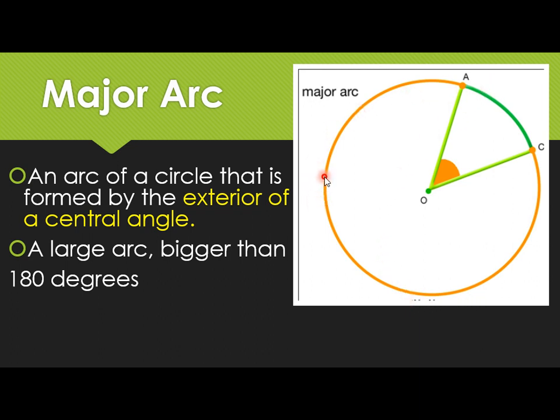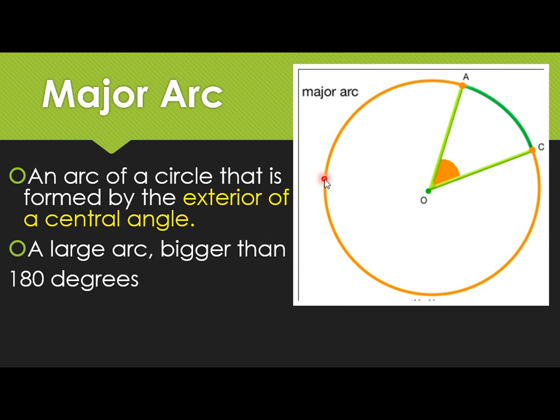And if you were going to name this major arc, you would name it arc ABC or CBA. Pretend there's a B where my red dot is. So you would use 3 letters to show that it's a major arc. I can't say arc AC because I don't know if I'm talking about the orange arc AC or the green arc AC. So I have to have a 3rd letter to show that it's the major arc.